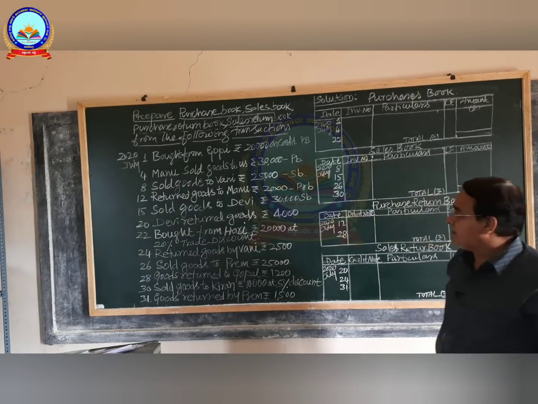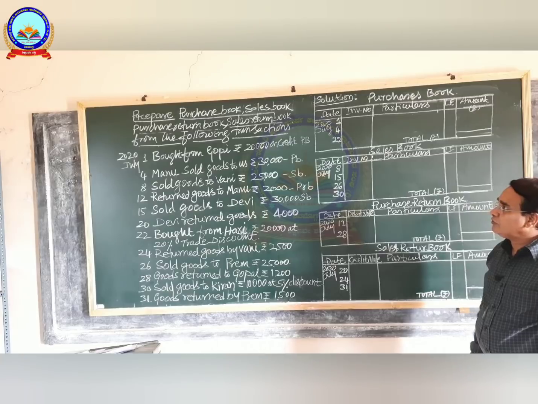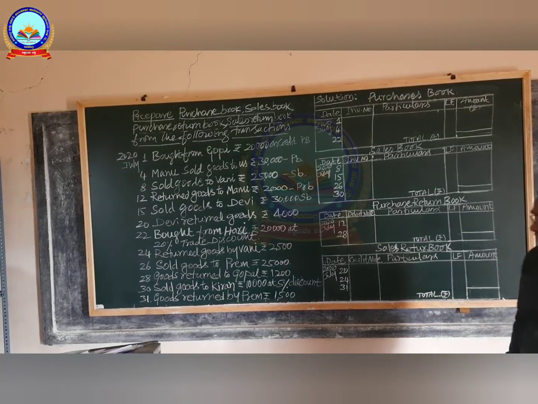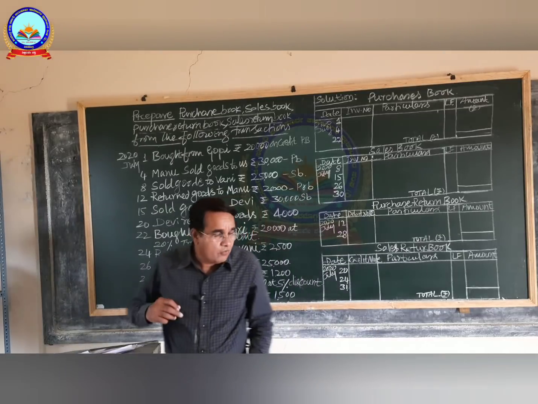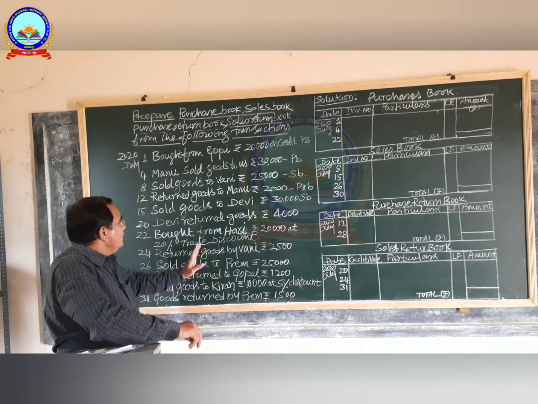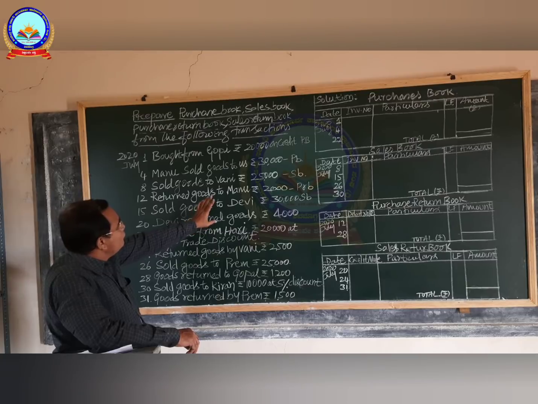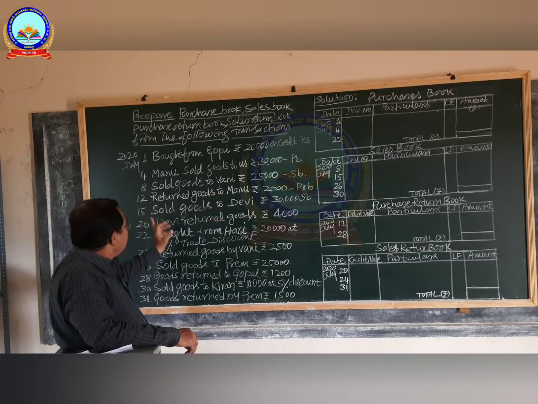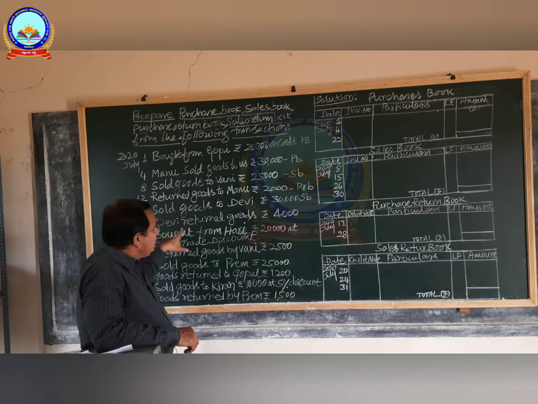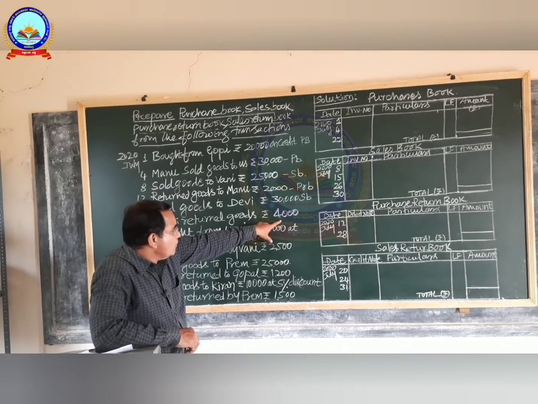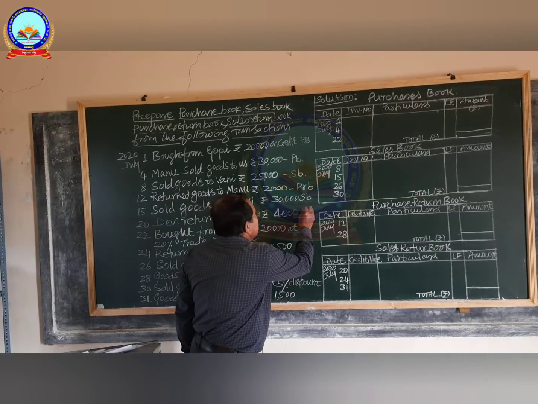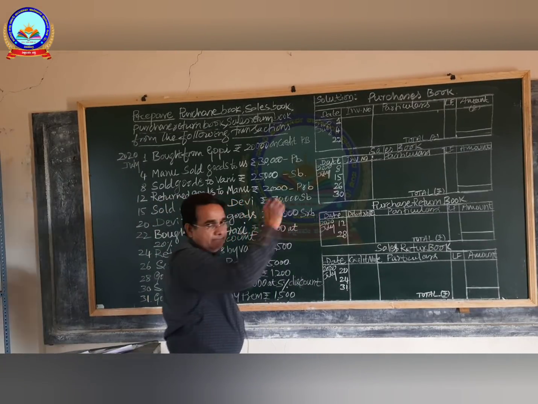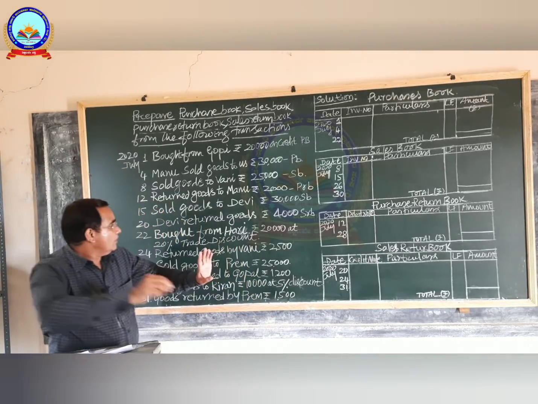On 20th, Devi returned goods rupees 4,000. I mean, we have sold goods to Devi on 15th, and the same goods have been returned by Devi on 20th, amounted to rupees 4,000. This transaction should be entered in sales return book.